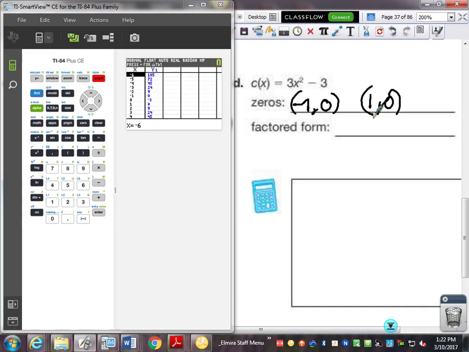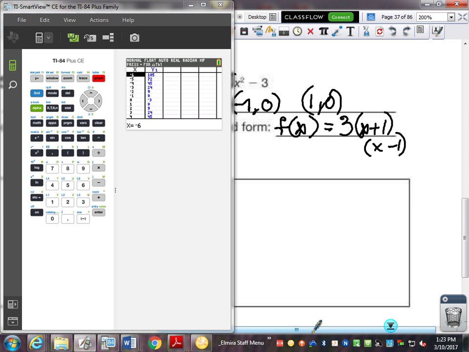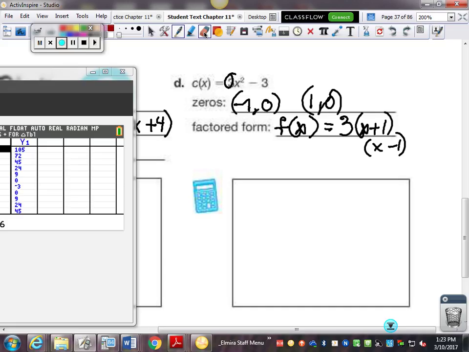So my factored form, again, bring that leading coefficient down. X plus 1. Oh, I can't fit it. And x minus 1. Oh, I could move it over though.